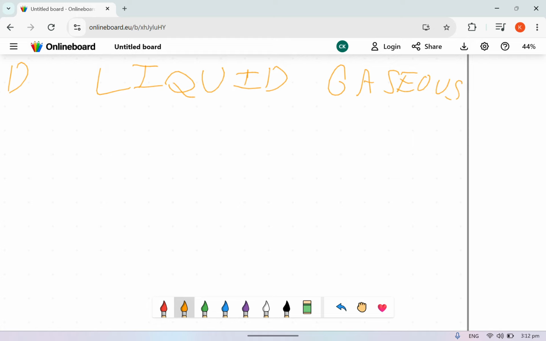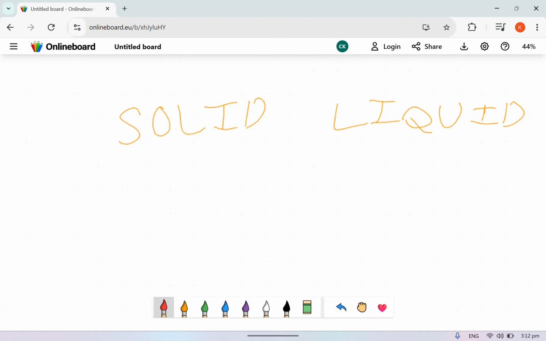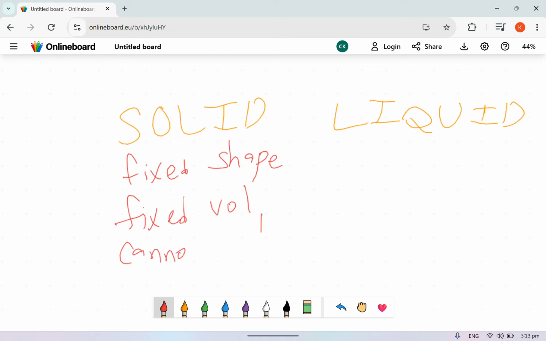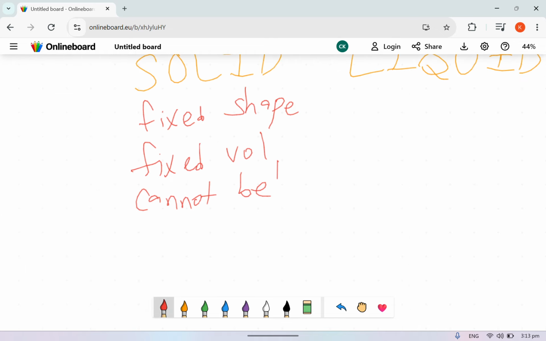Okay, so now solid state has fixed shape and also fixed volume, cannot be compressed because there's a fixed volume. You can't squeeze it around, you can't change the volume, and it has the highest density, and I'll explain why later on.